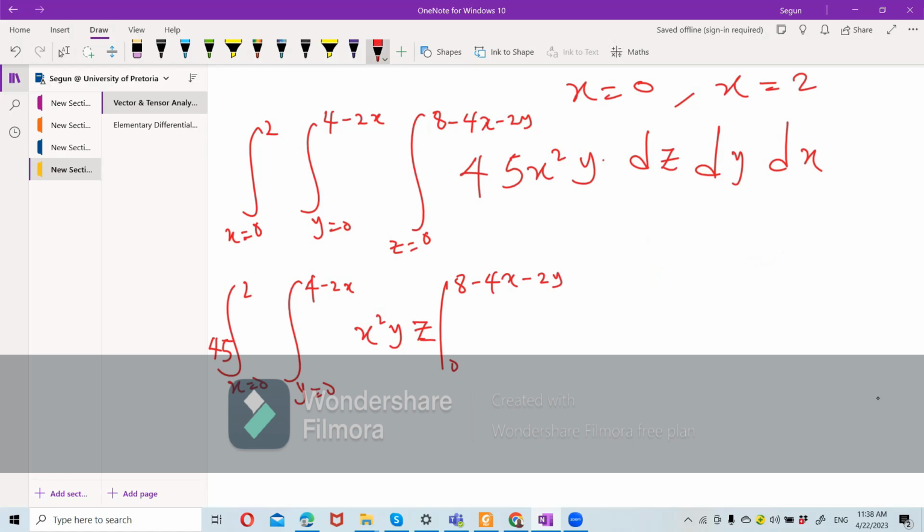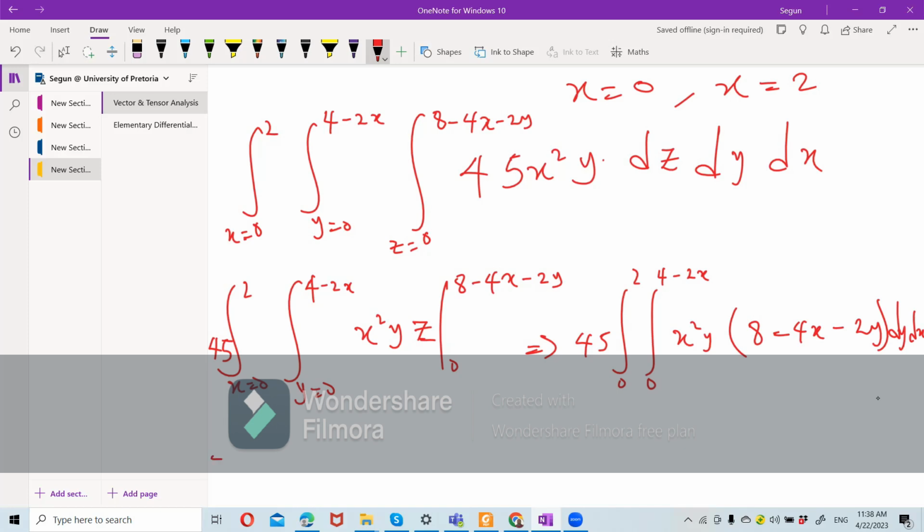So I can substitute it now. I now have 45 integral 0 to 2 integral 0 to 4 minus 2x of x squared y in brackets 8 minus 4x minus 2y, dy dx.